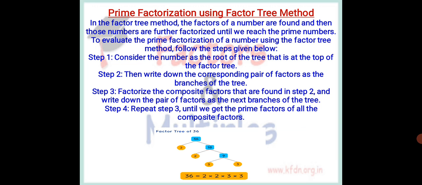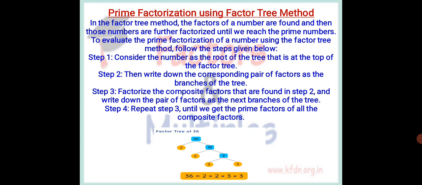Repeat step 3 until we get the prime factors of all the composite factors. That means come down, segregate it once. 3 threes are 9.